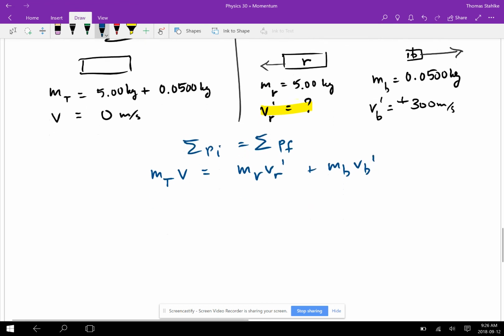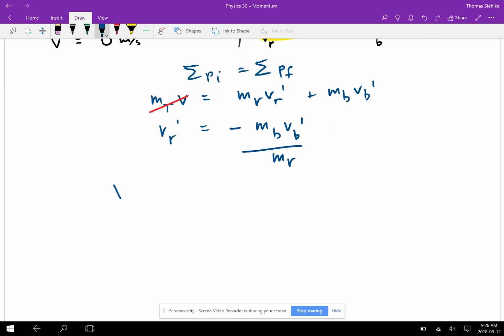Okay, these were at rest, so that's just 0, which means that if I'm trying to find velocity of the rifle, the recoil velocity, that will be equal to negative mBVB prime divided by mass of the rifle.